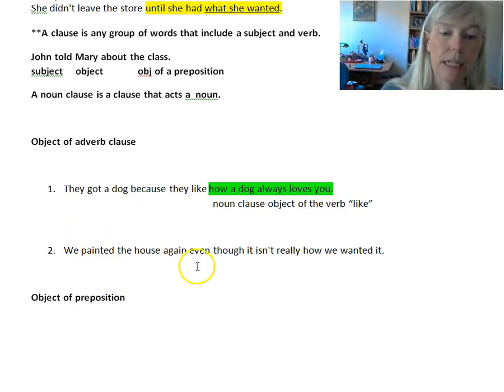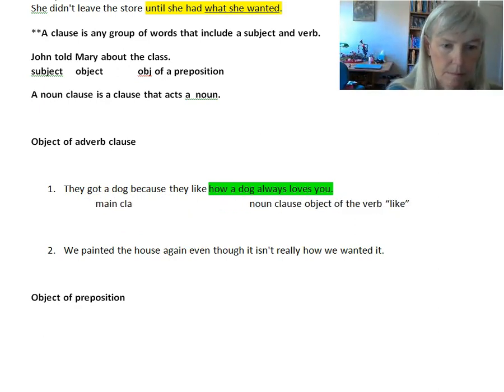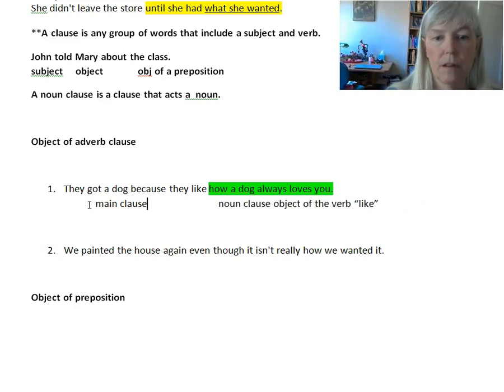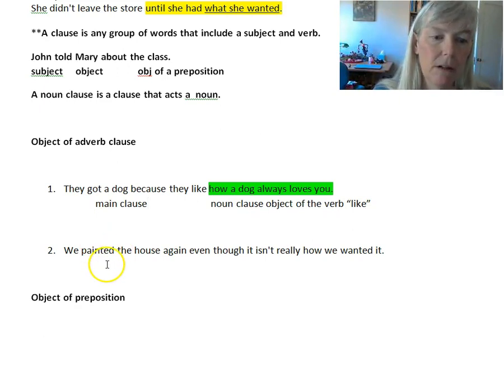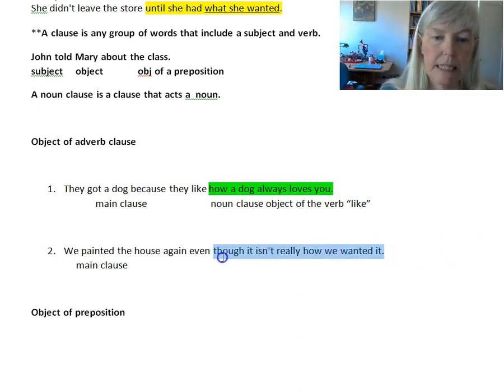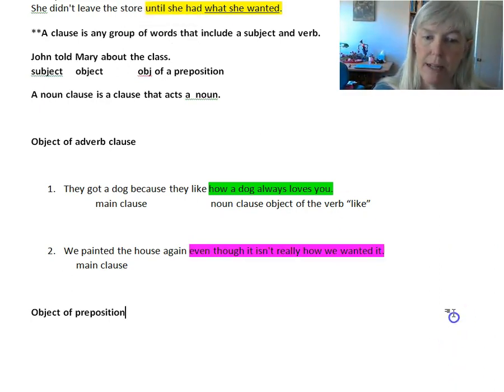We painted the house again, main clause. So we painted the house again is the main clause, even though, now the rest of this is an adverb clause. The rest of that's an adverb clause, even though it isn't really how we wanted it. Right?